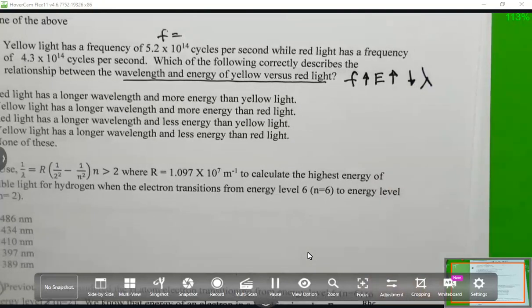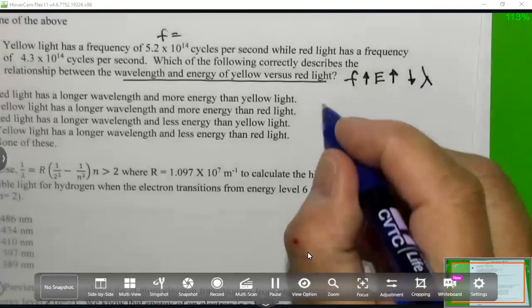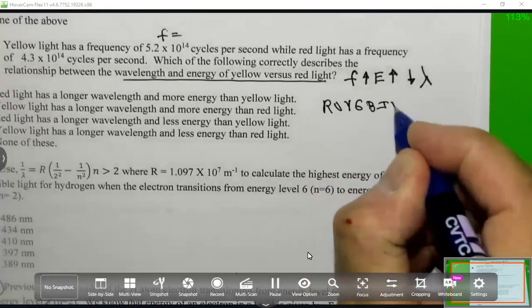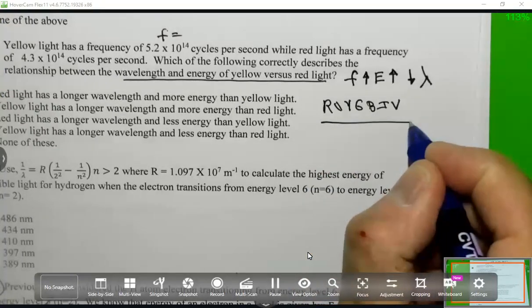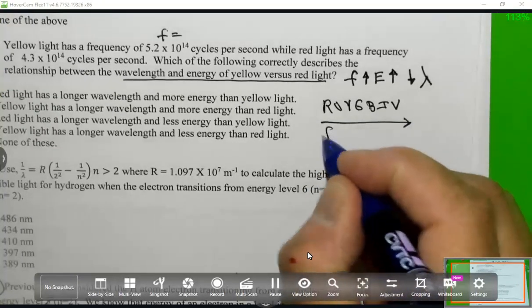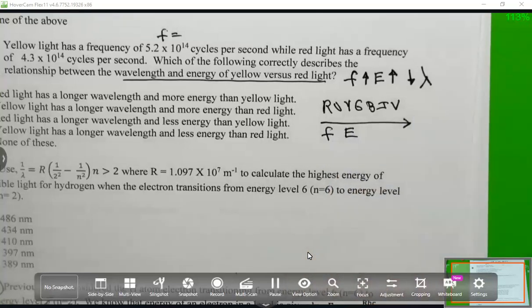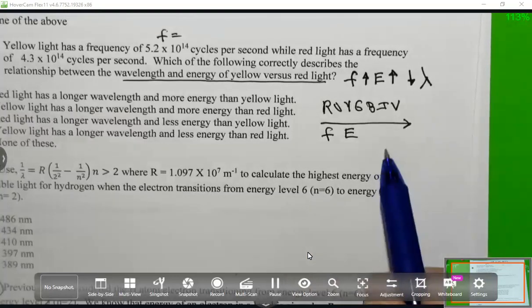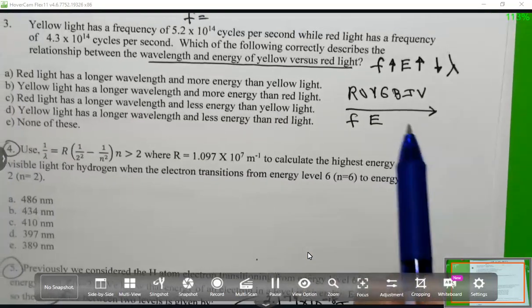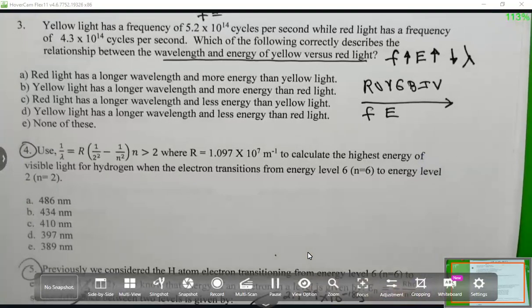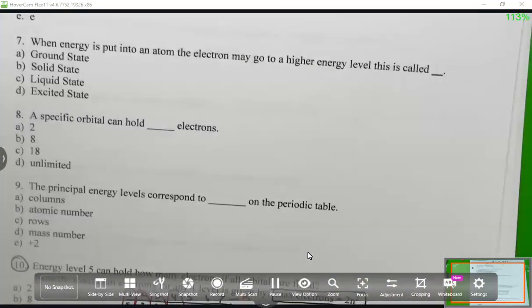So this goes back to the slide that if you do ROYGBIV, it goes this direction for frequency and it goes this direction for energy. And then less wavelength. Okay, 3 19.